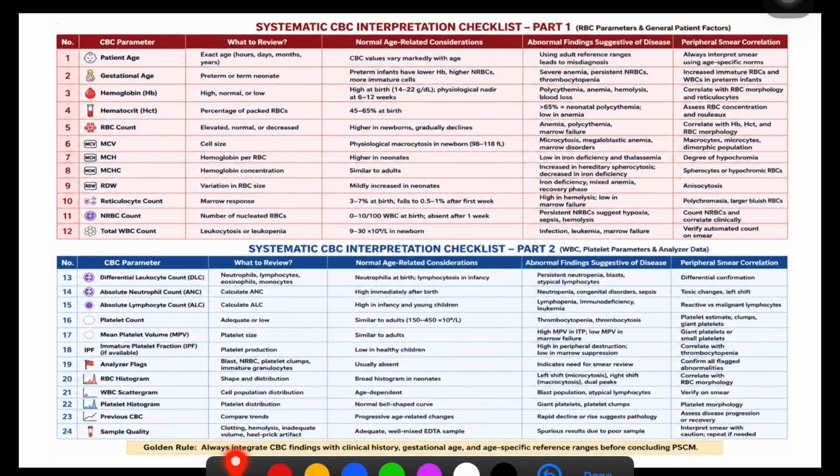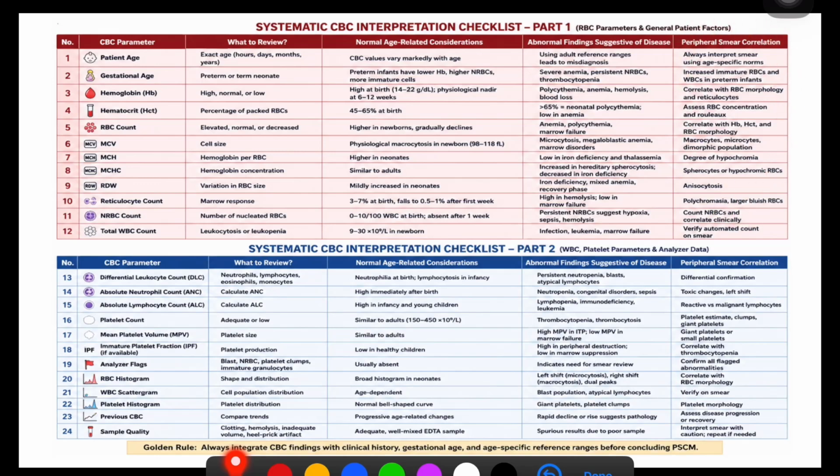So this is the checklist for systematic CBC interpretation you can go for, starting from patient age to all the RBC values, WBC values, and look for analyzer flag, RBC histogram, and WBC scattergram. So here you can see what to review, what is normal, what is abnormal, and what is peripheral smear correlation.